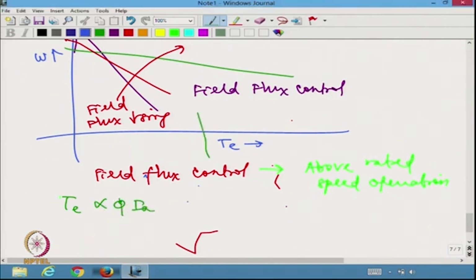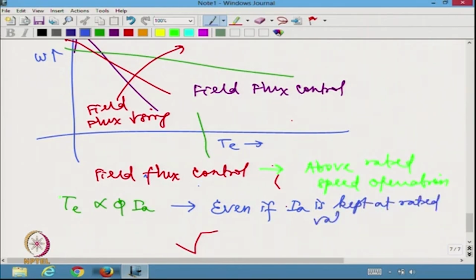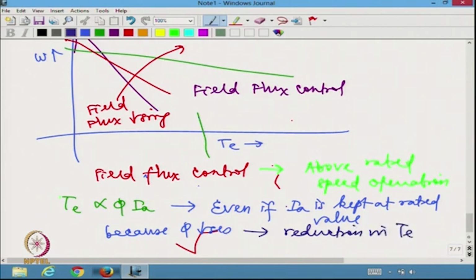So, I can say even if Ia is kept at rated value, because flux decreases, I am going to have reduction in Te.